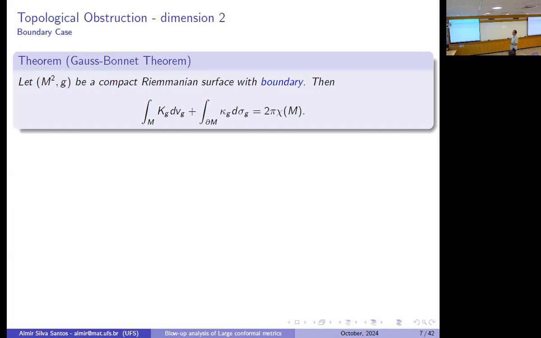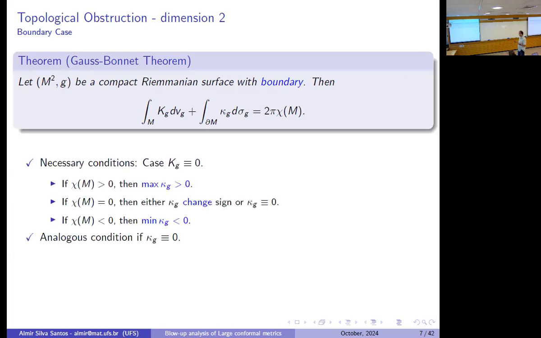Also, you have the Gauss-Bonnet theorem, a restriction, the relation between the geometry and topology, and at least when one of the functions is equal to 0, you have the same condition on the function. Here I put only the case where the Gaussian curvature is identically 0, but you have the same condition when the geodesic curvature is zero.